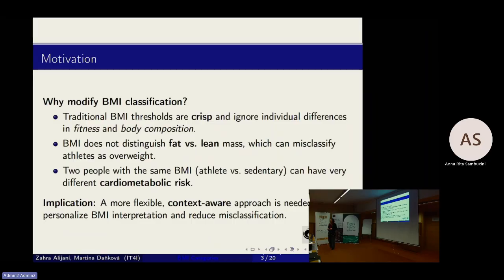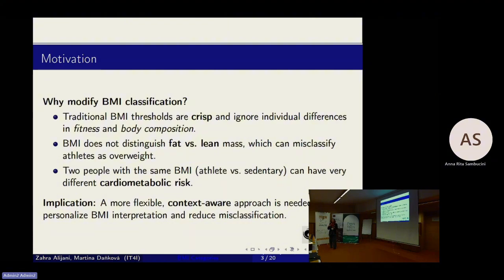The data is not public, and I cannot disclose it, but what we face with it is that in many cases, people refer to BMI, the body mass index, in a classical way, but it suffers from several points that I will mention here. Traditional BMI, which is crisp, ignores the individual differences in fitness and body composition.